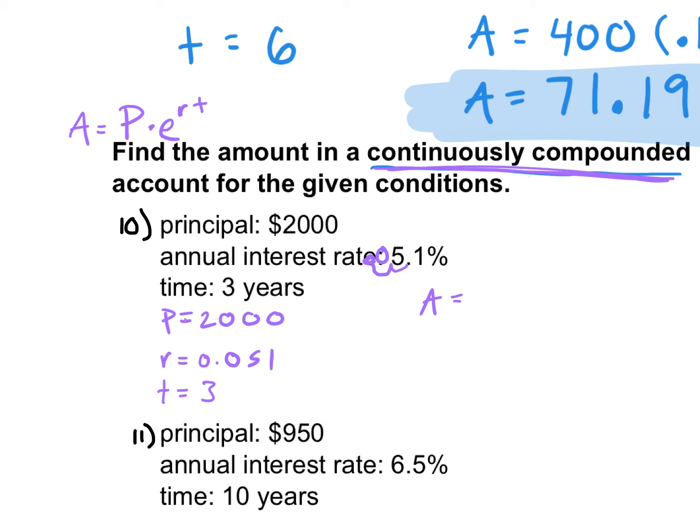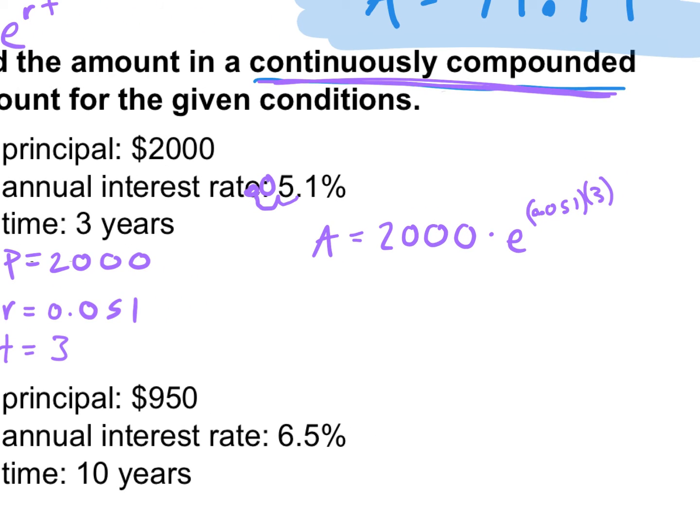We have A is equal to 2,000 times E, which is just a button in our calculator, raised to the power of 0.051 times 3. What should we do first? We do the parentheses up here, so 0.051 times 3.